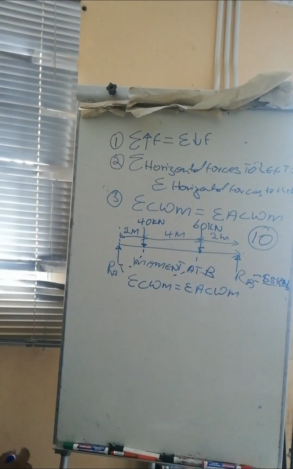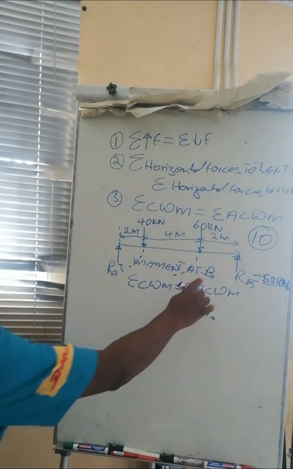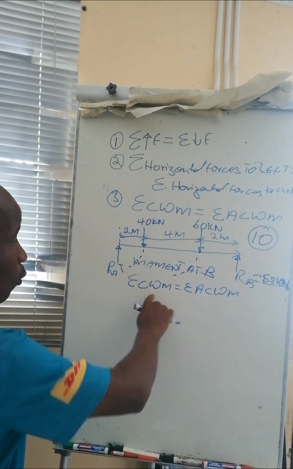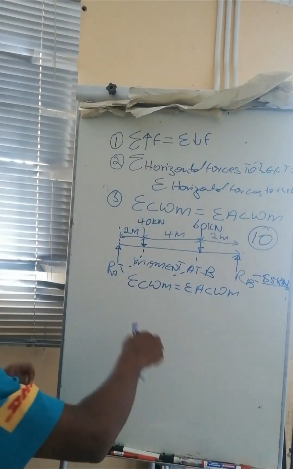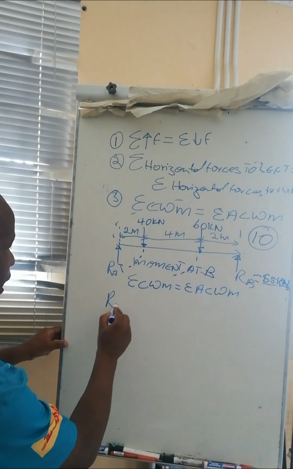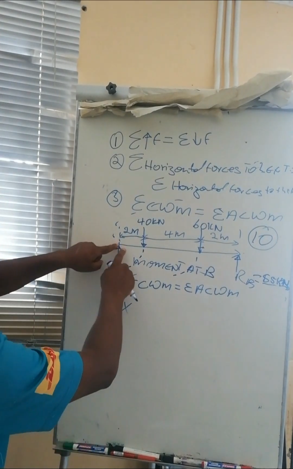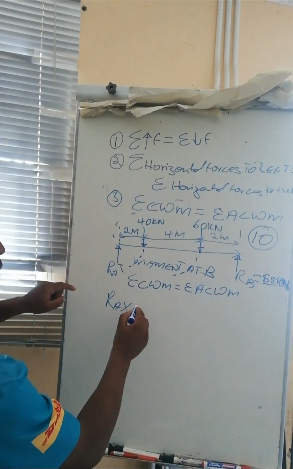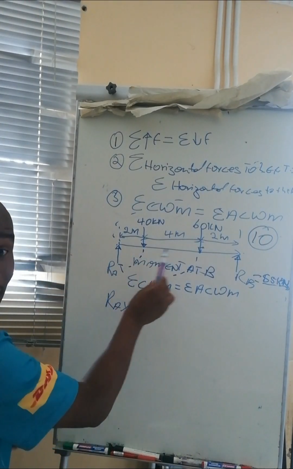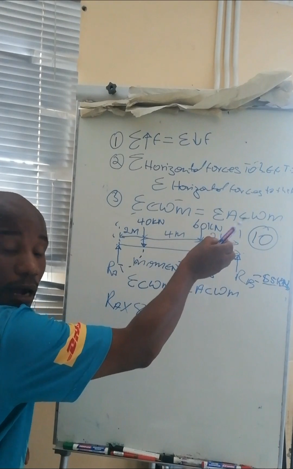Now the clockwise one, remember guys, we are heading to B. The clockwise one is RA, meaning it's RA times the total distance of the beam, which is 8. And there is no other force heading upwards.